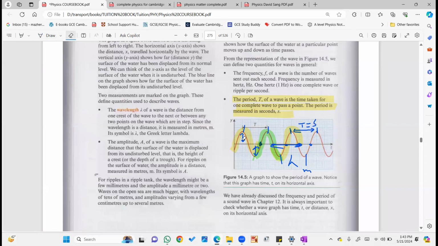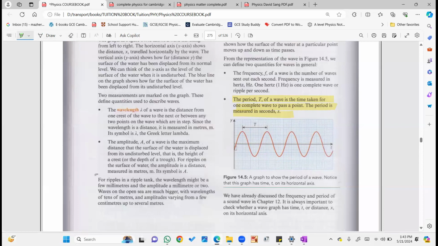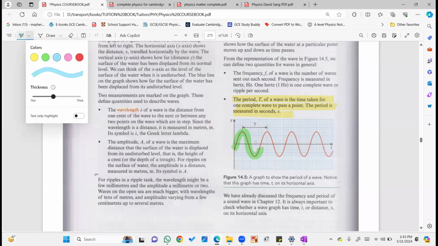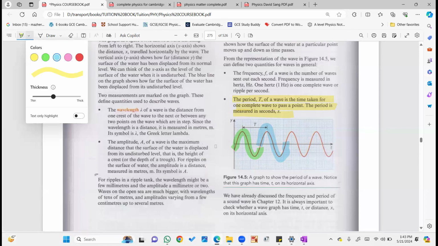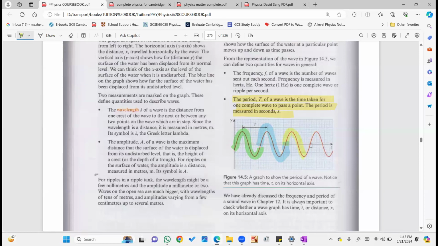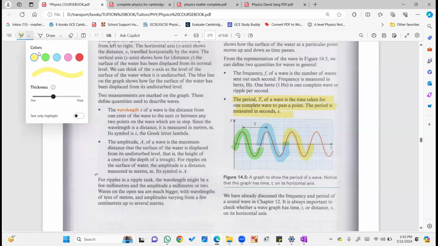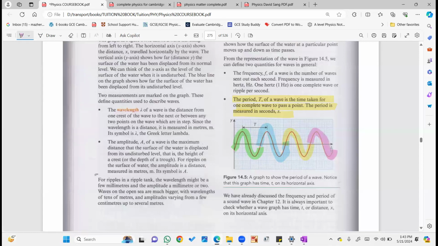And now comes another topic, which is frequency. What is frequency? The number of waves passing through a point in 1 second. How many waves do you see here? 1, 2, 3, and approximately 4.